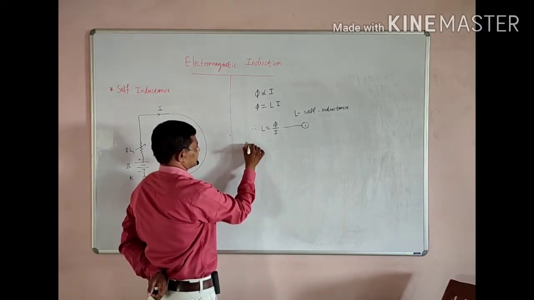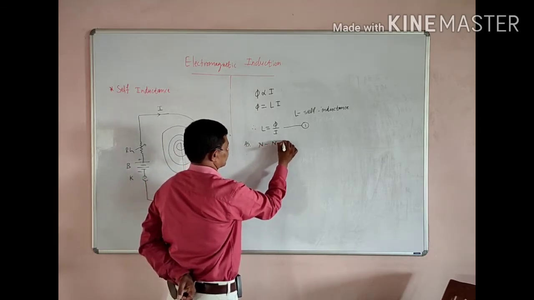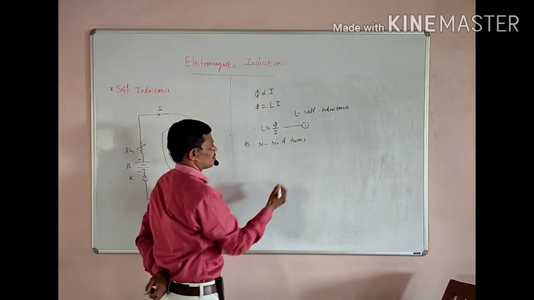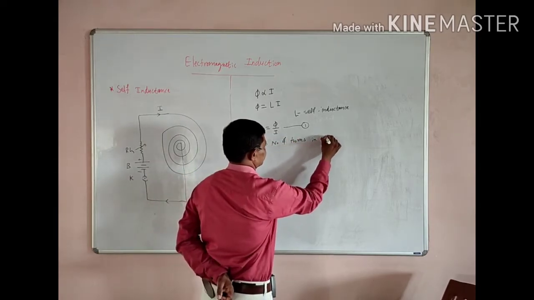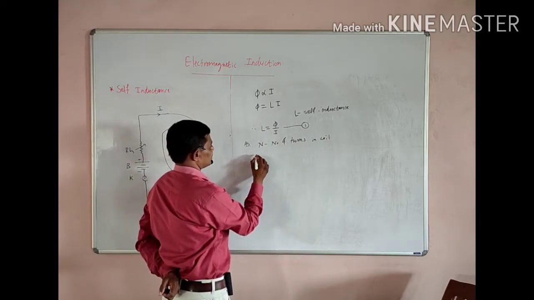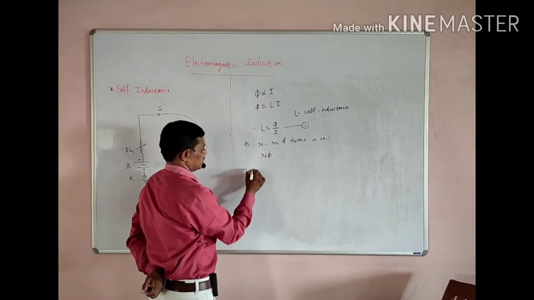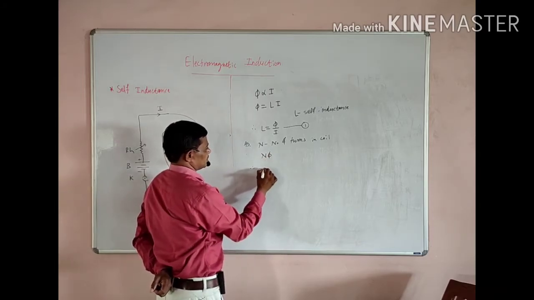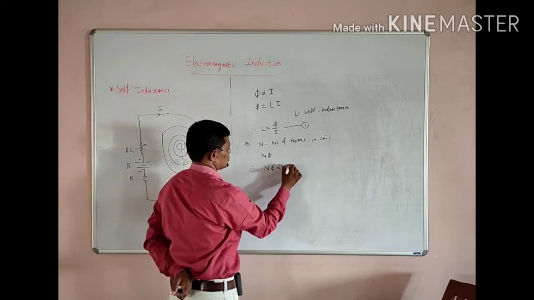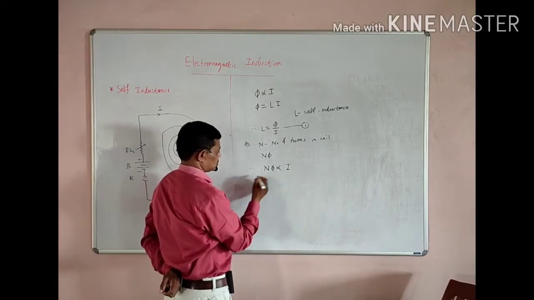Now we consider that N is the number of turns in the coil. Then the total flux linked with this coil is N into phi. Hence, this N into phi is directly proportional to the current flowing at that situation.